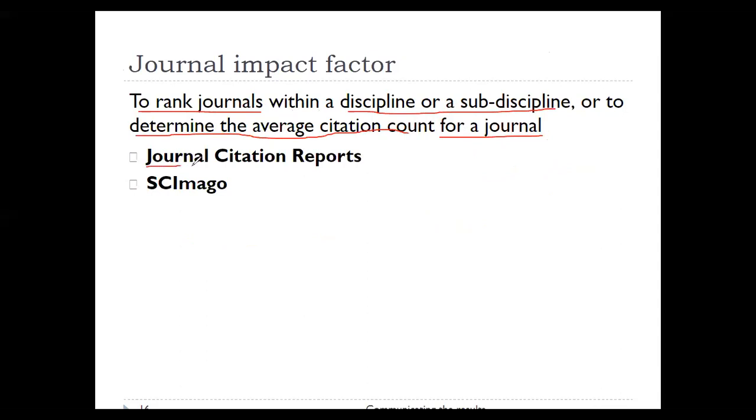Since olden days, the Journal Citation Report, JCR, by Clarivate publishers, has been giving the ranking of journals, and nowadays Elsevier through SCImago is also giving such a citation report or ranking of research journals.